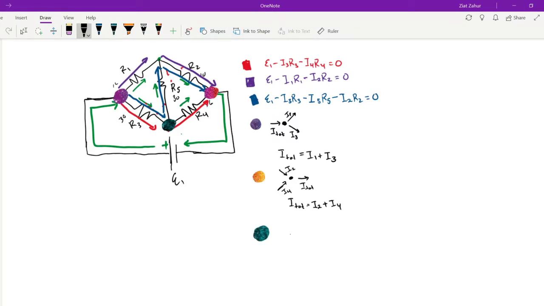We have I3 going in, and then we have I5 going up, and upwards to the right, I4.